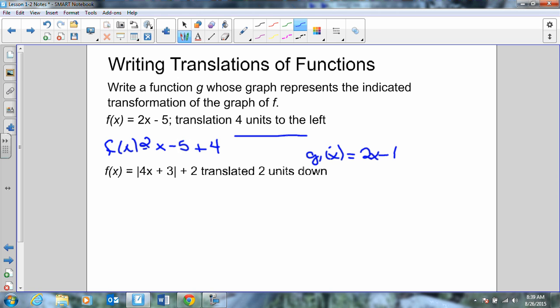Make it wider. Okay. What is the 3 going to do? Move it where? The left 3.